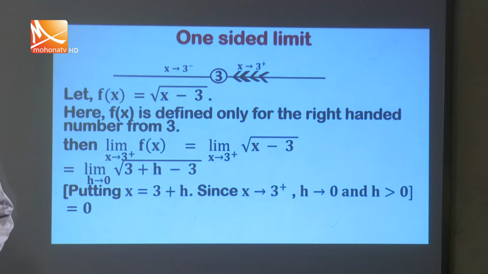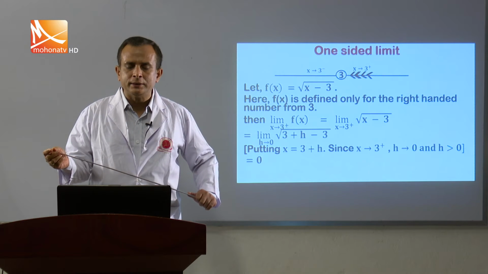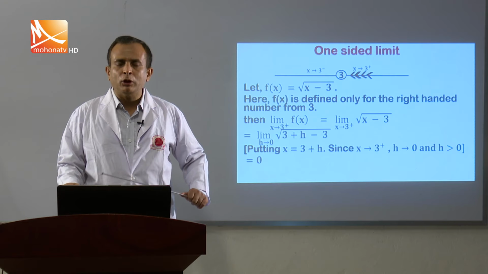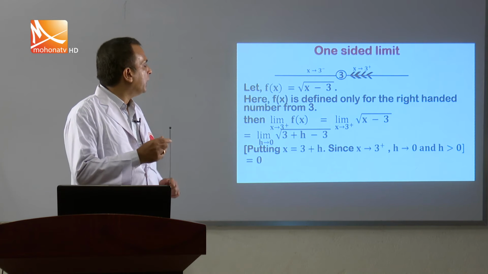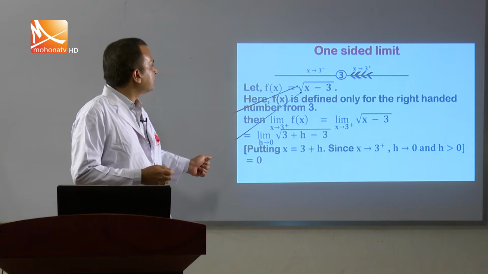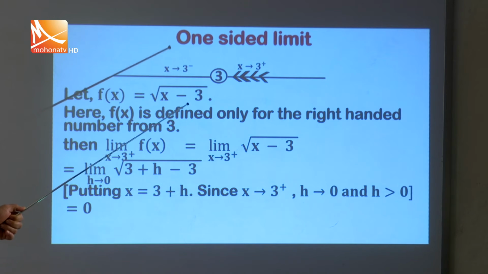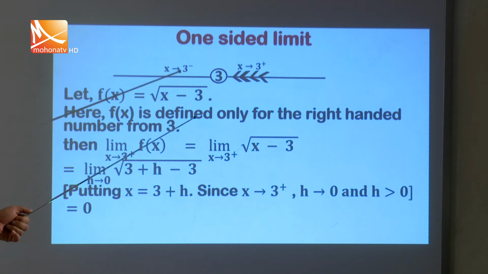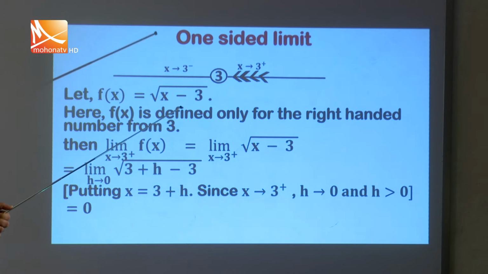Now we are going to discuss one-sided limit with the help of an example. Dear student, you just see that let f of x equals square root of x minus 3. Here f of x is defined for the right-handed numbers from 3. It means that f of x is defined only for x greater than 3, I mean when x is greater than 3 plus, right?